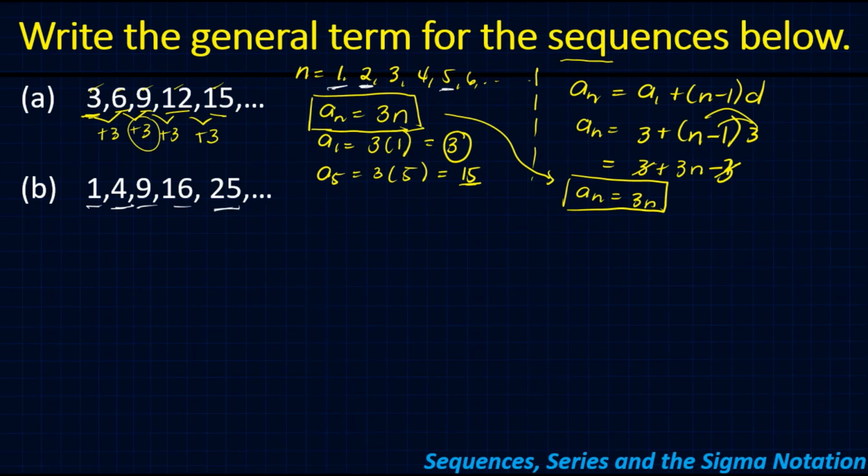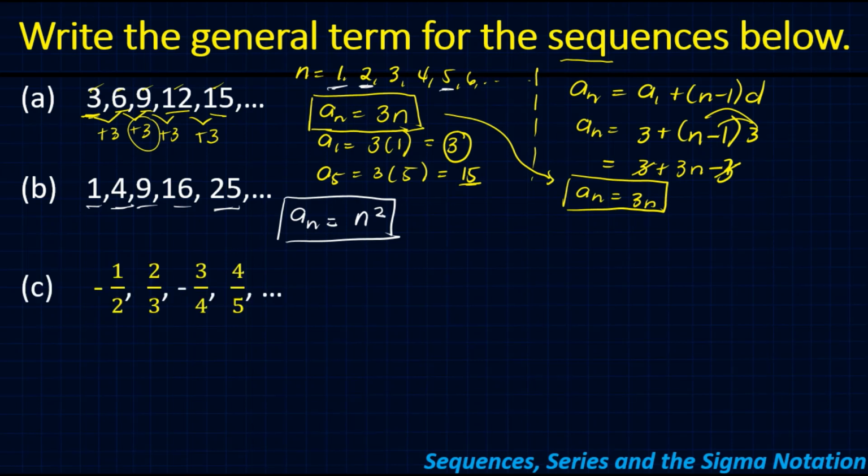So now, how do we write it as a general term? We have a sub n is equal to n, from our number of terms, multiplied by itself, so we write squared. a sub n is equal to n squared. When we try this, 1 times 1 equals 1, 5 times 5 equals 25, and it fits our sequence.